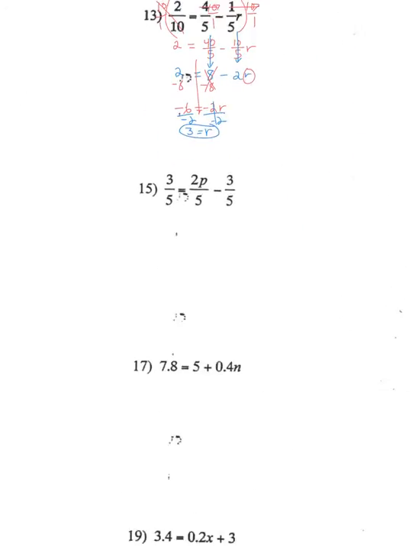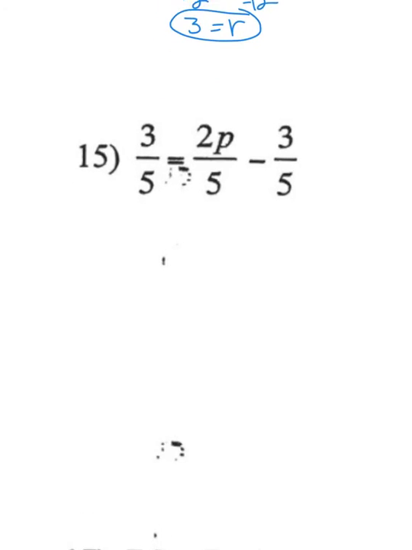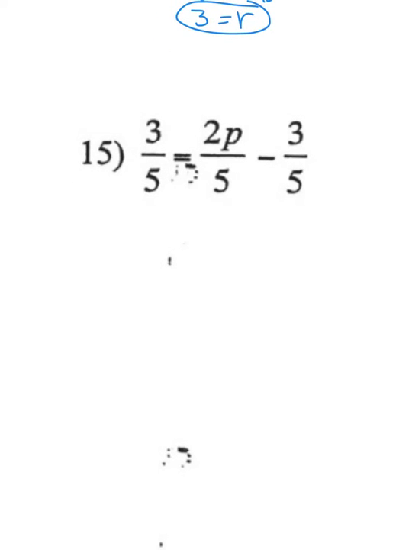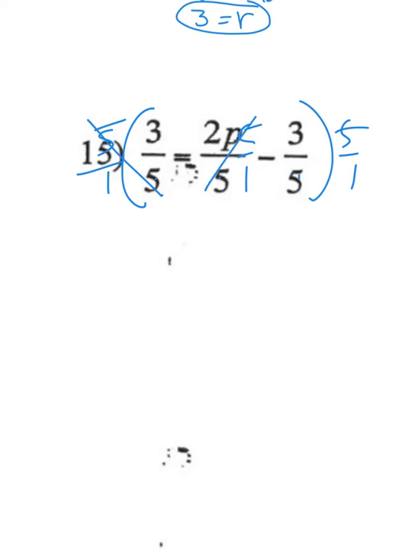I am doing these fast, and hopefully I'm getting them all right, but we'll see. Oh, look at this one. As soon as you spot that 5, 5, 5 right there, we can multiply all of these by 5. 5 over 1, 5 over 1, and that cancels out all those 5s on the bottom. So this is going to be 3 equals 2p minus 3.